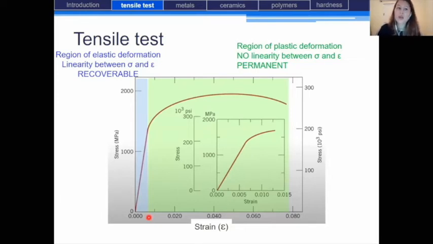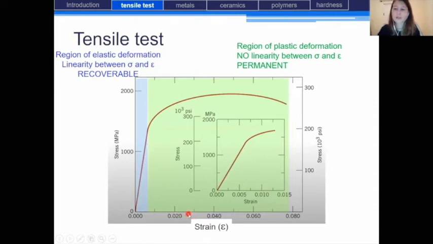So let's remember, we have a recoverable deformation. And then up to a point, there is no more linearity between the stress and the strain. So this is the second region in green. So this is a region of plastic deformation. And so the deformation produced up to this strain is permanent.